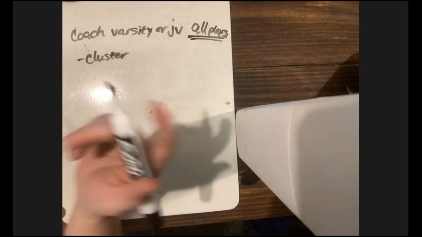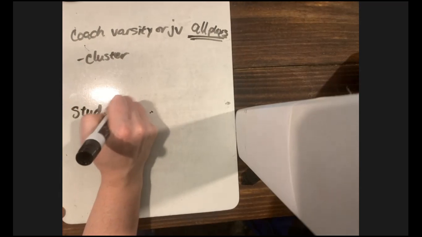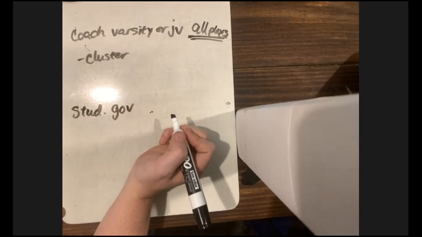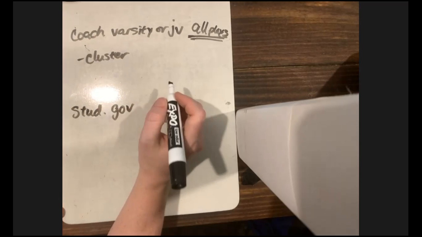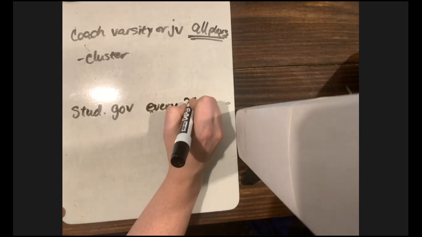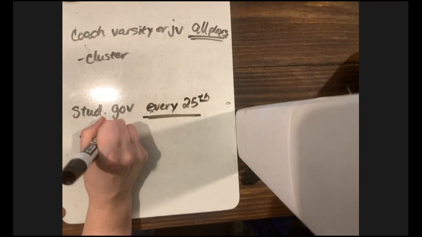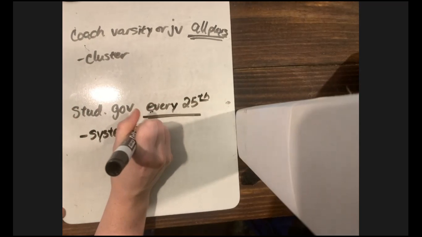So number 5, we've got the student government at a certain college assigns a number to each person, puts the numbers in order, and then does every 25th. That's our key. This is systematic.